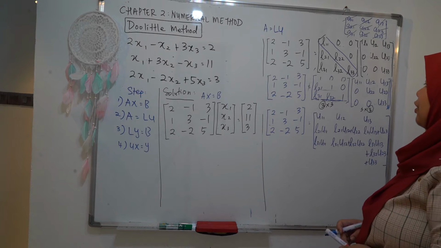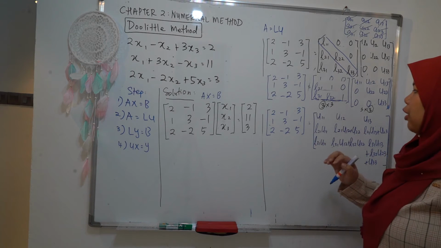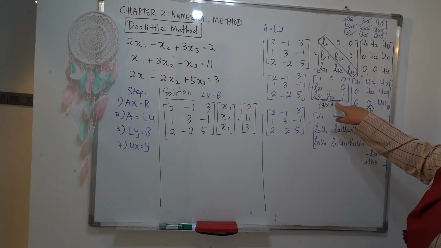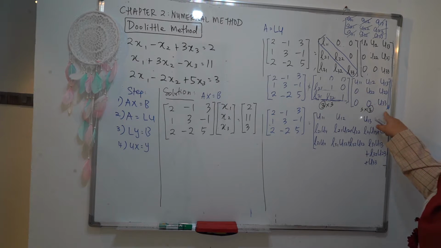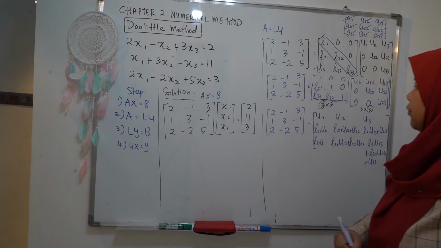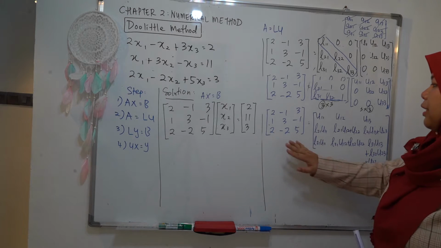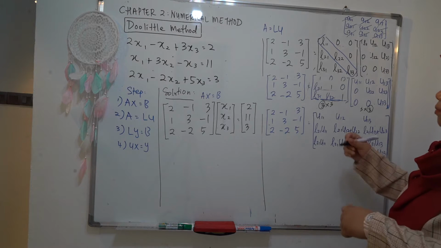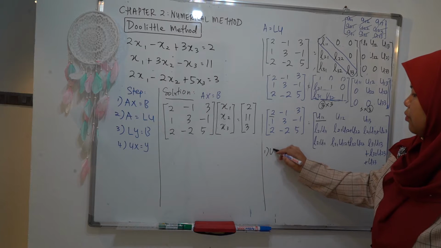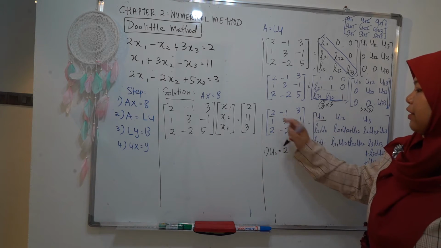Okay, so now we're done with the multiplication of the two matrices. Right now we want to find the values of L21, L31, L32, U11 and the rest. So I start to find the values. Firstly, you have to compare the right hand side and left hand side. For example, U11 is equal to 2. You just compare the right hand side and left hand side.